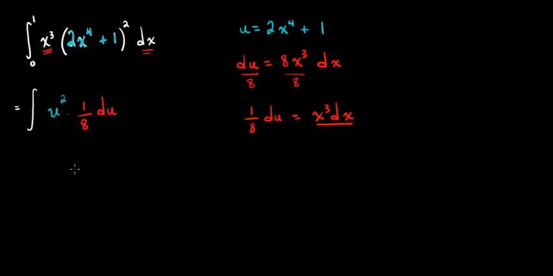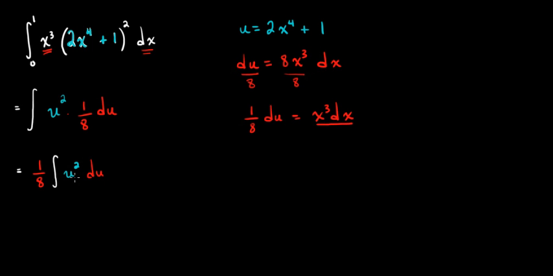And because this is a constant, I can easily take it outside, so I'll have 1/8 times the integral of u squared du. So this is a lot nicer to work with.